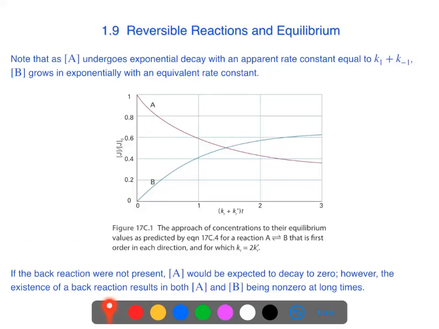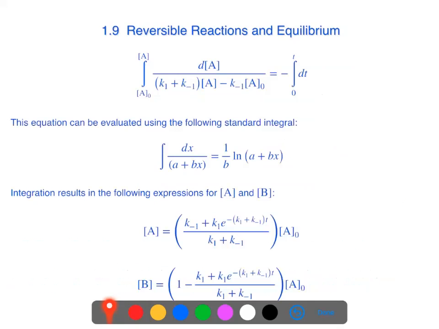So if we go back to those expressions, as t goes to infinity, e to the minus kt, as the argument approaches infinity, is going to be a very, very small value. And so in fact, this term will approach 0 as t goes to infinity. That simplifies the expressions for the concentration of A and B as we approach those long times.